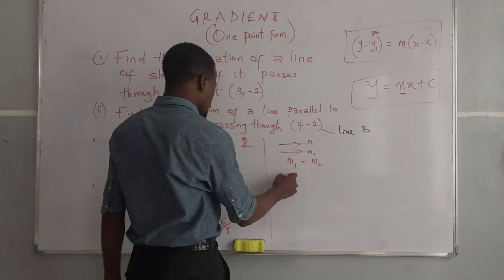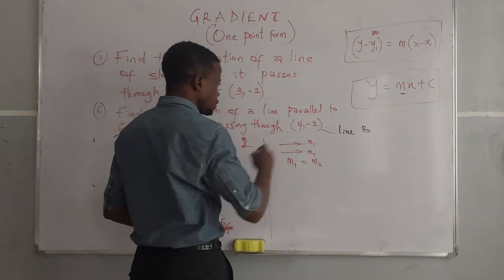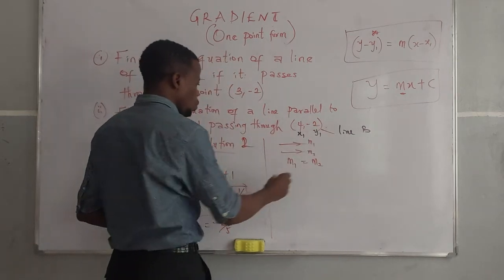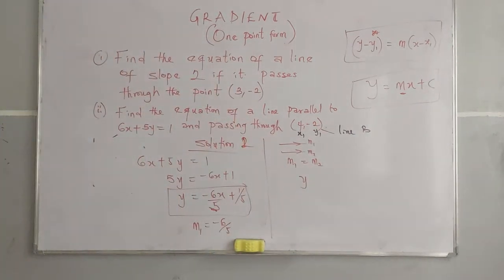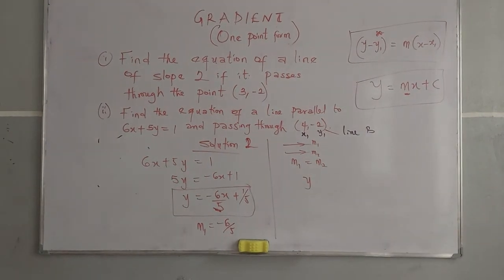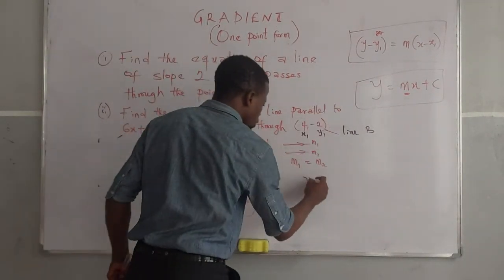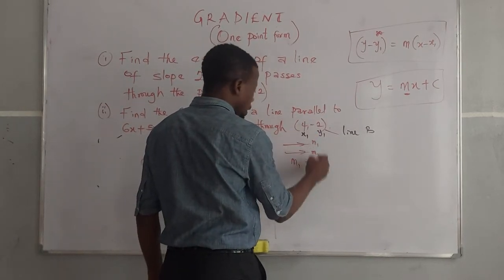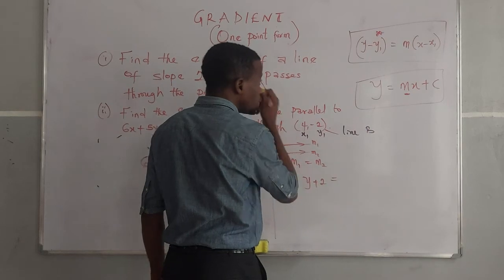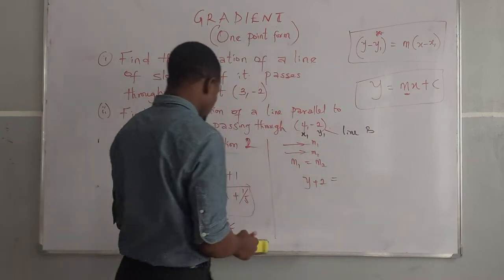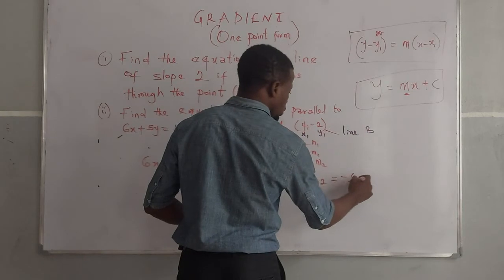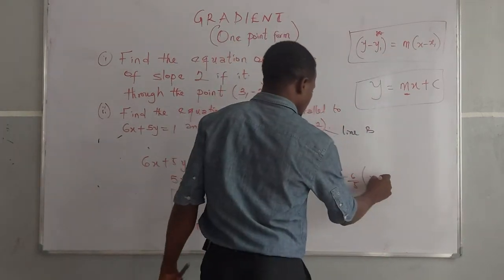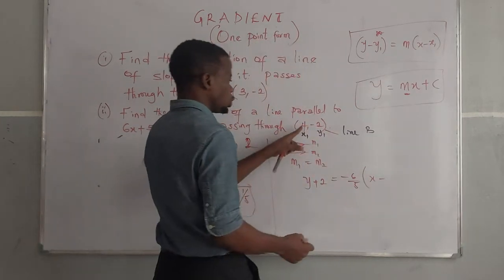This will be x1, this will be y1. Applying the same thing, we have y minus y1, and y1 is minus 2, so that's plus 2. That should be equal to our gradient, minus 6 over 5, open bracket x minus x1, and x1 is 4.